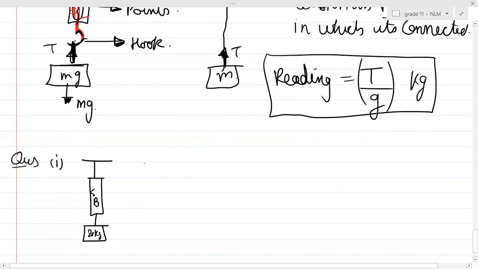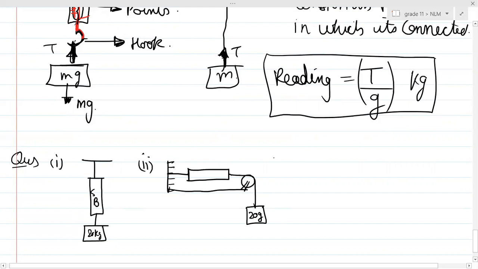Second case, I have the same block and the same spring balance, but instead I take this support from here and attach it to a pulley and then connect it to a block of 20 kg.